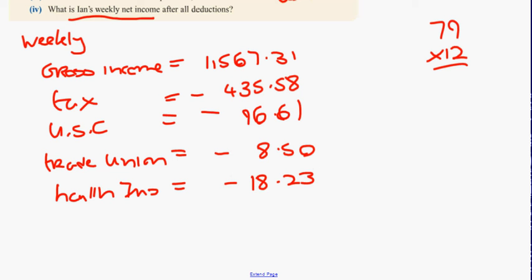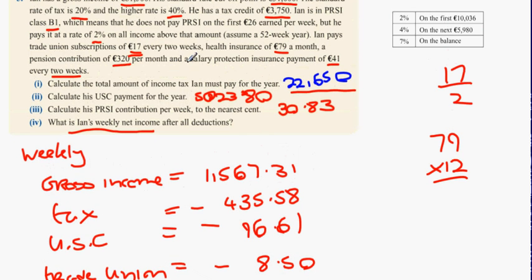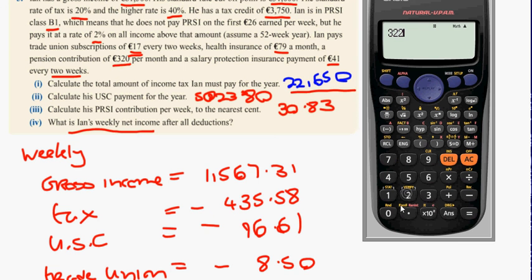Okay, and then finally, a pension contribution of €320 per month. So 320 multiplied by 12 is how much he pays into the pension every year. Then divide that by 52, because there are 52 weeks in a year. And we get 73.85.